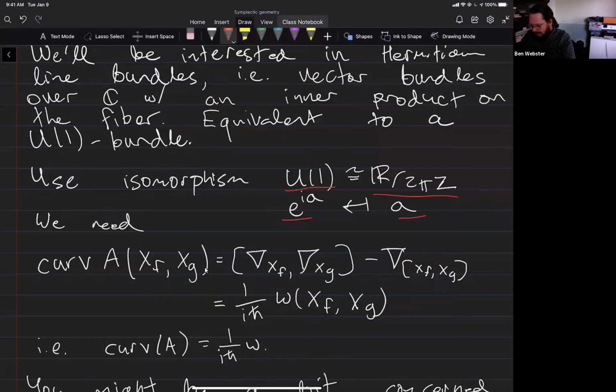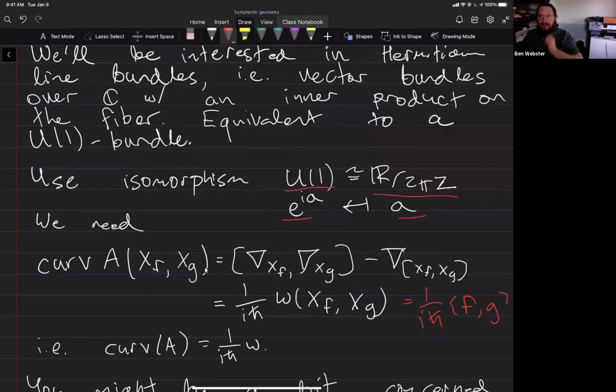And I want that to be equal to the symplectic form applied to X_F and X_G, which is, of course, another way of rewriting the Poisson bracket of F and G.